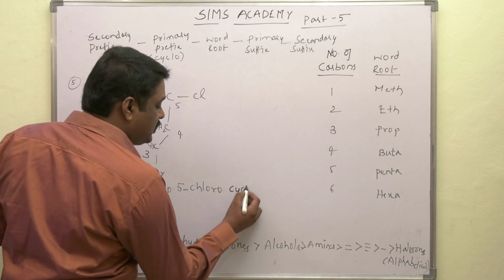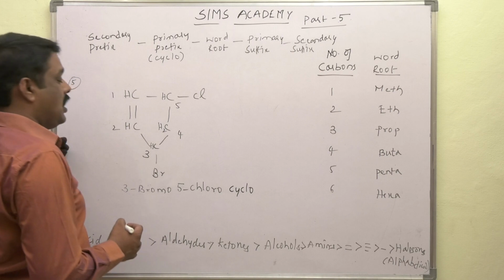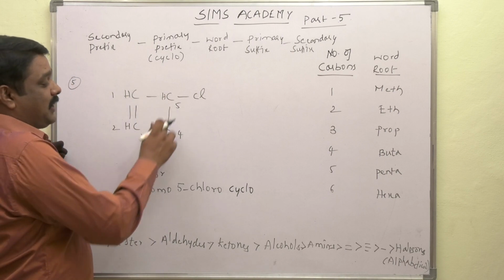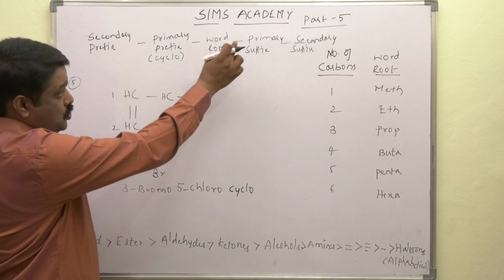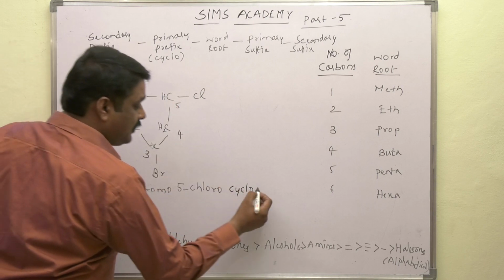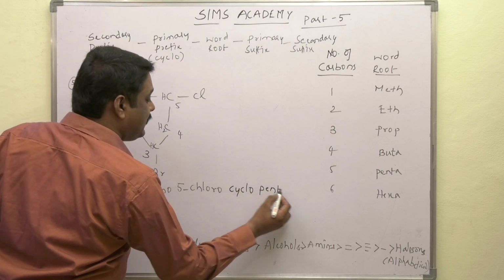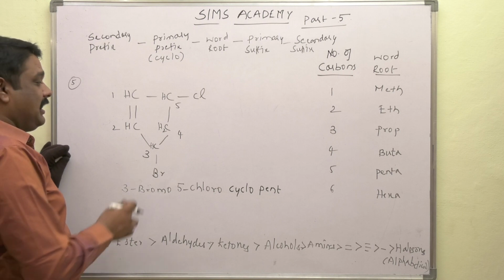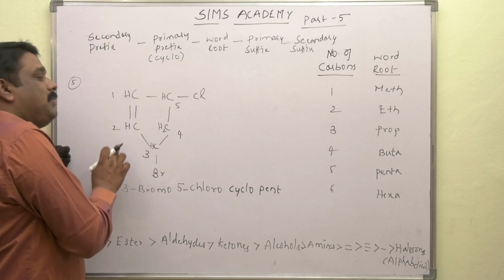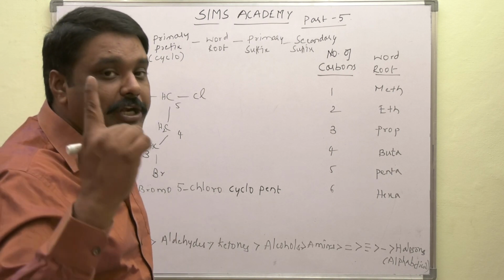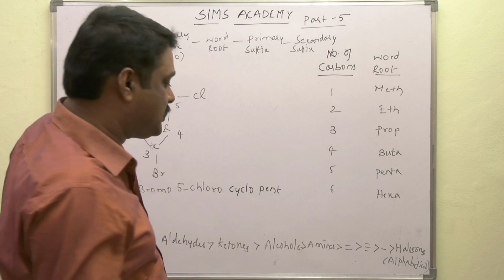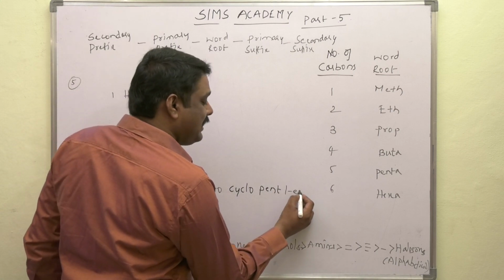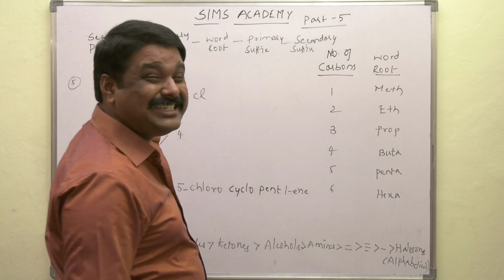Hence we mention cyclo. Next, coming to word root, 5 in the sense pent. At which carbon atom we have the double bond? If we have in between 1 and 2, we need to mention double bond at first place.